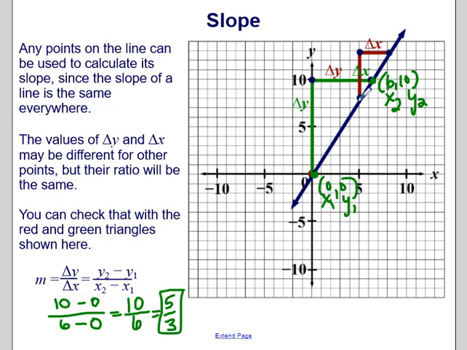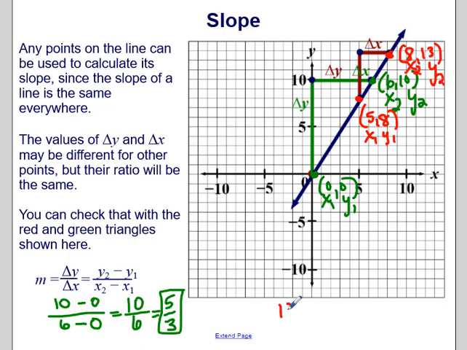Now let's look at the delta y and delta x from the red. From the point 5, 8 to the point 8, 13. So we have, again, x1 and y1 and x2 and y2.